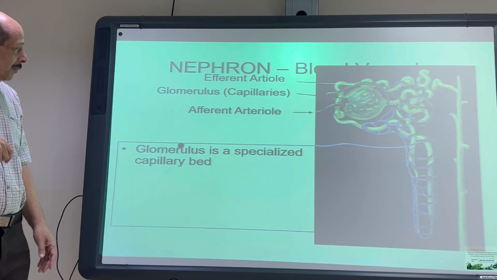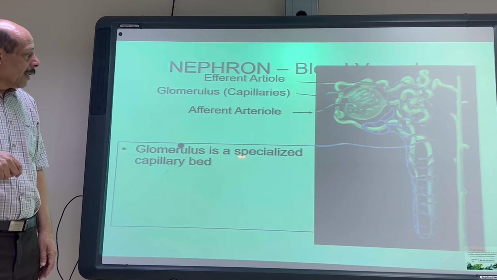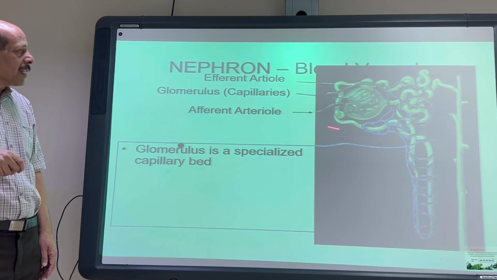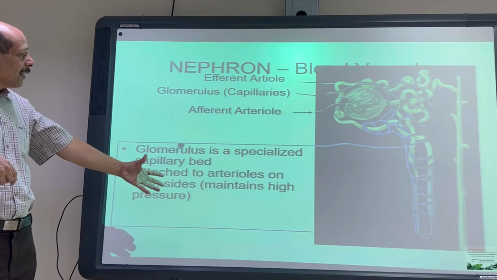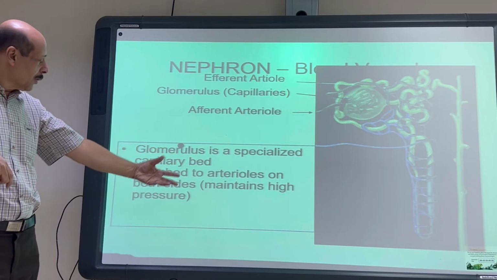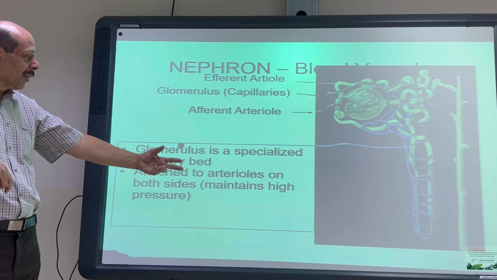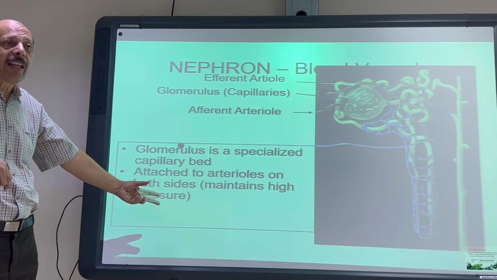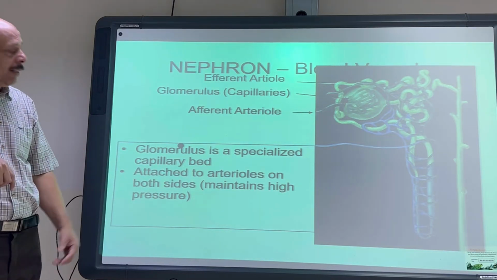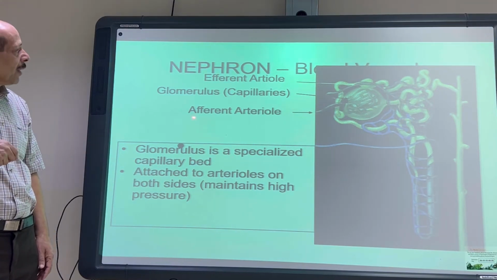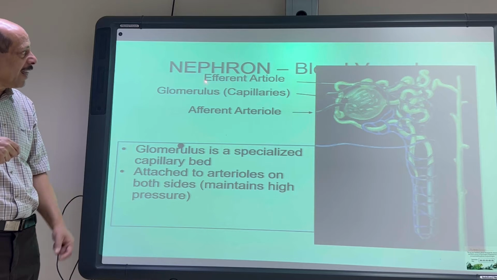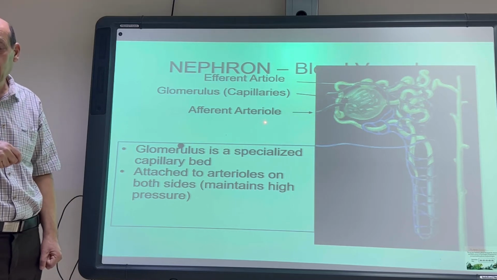So the glomerulus is, as we said, a specialized capillary bed. It's attached to arterioles on both sides. That will maintain a high pressure because the afferent is larger and the efferent is smaller.